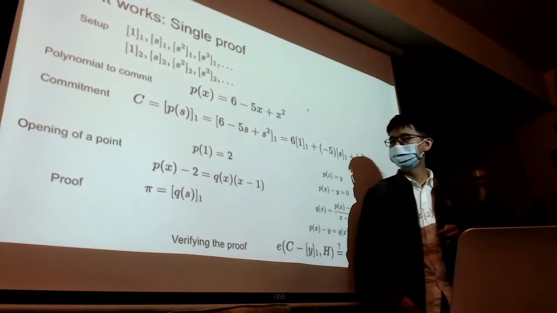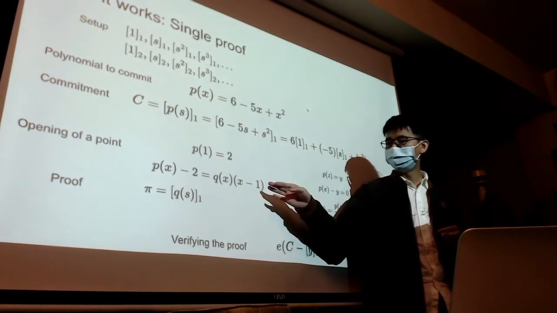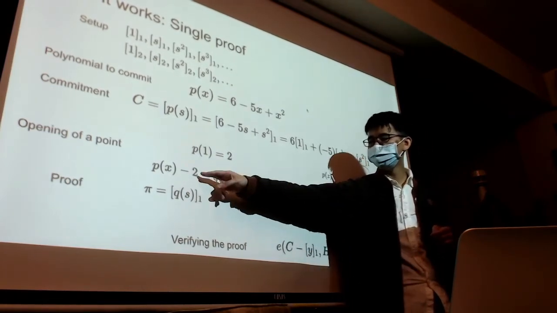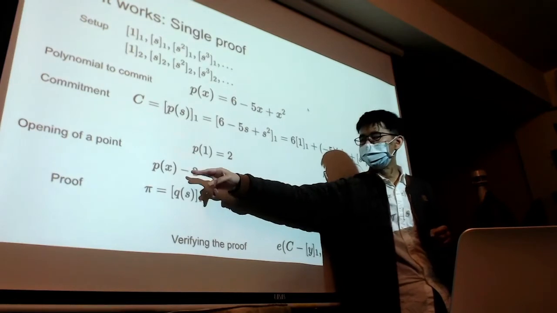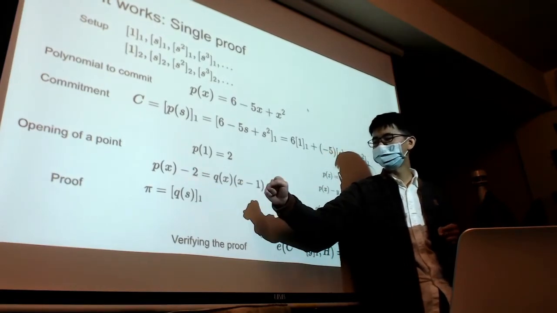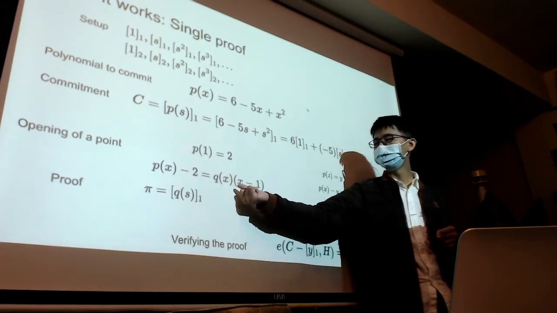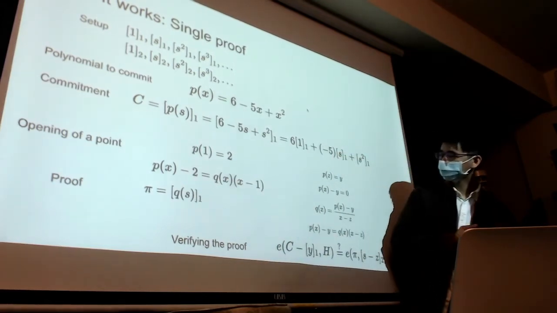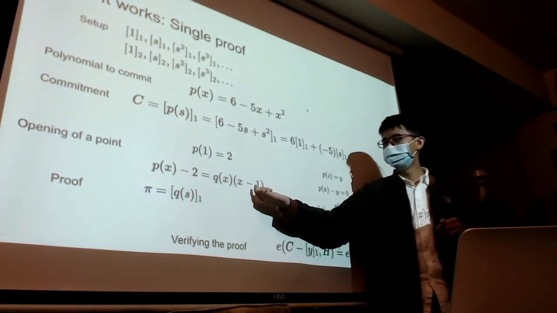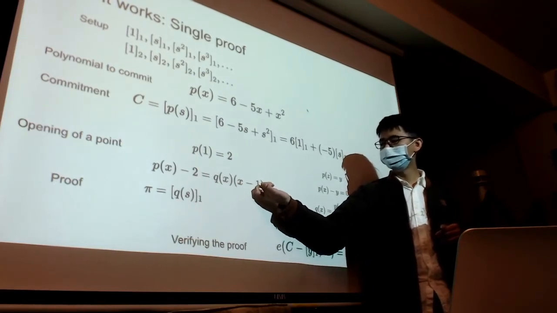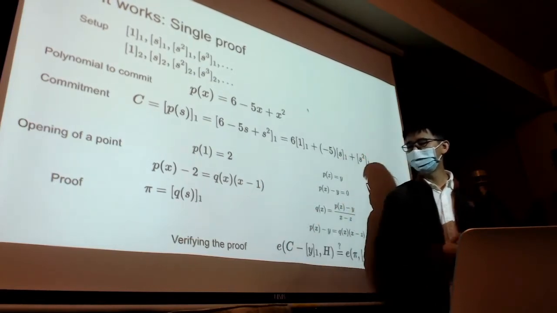When opening a point, you need to prove that your polynomial minus the evaluation is equal to the quotient polynomial times x minus the point you are evaluating at.